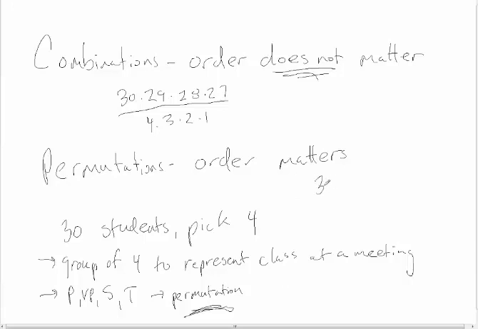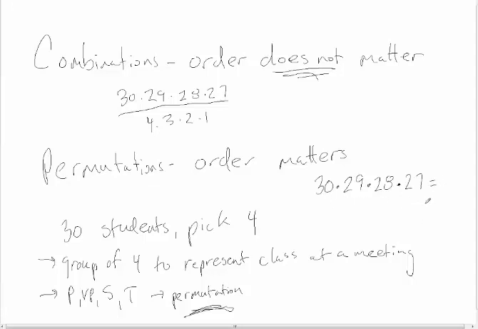Well, it would be 30, because I could have 30 possible presidents times 29, because once I've chosen a president, there's 29 students left to be vice president, times 28, because after picking these 2, there are 28 students left that can be secretary, and then after I've taken the first 3, there's 27 students left to be the treasurer.